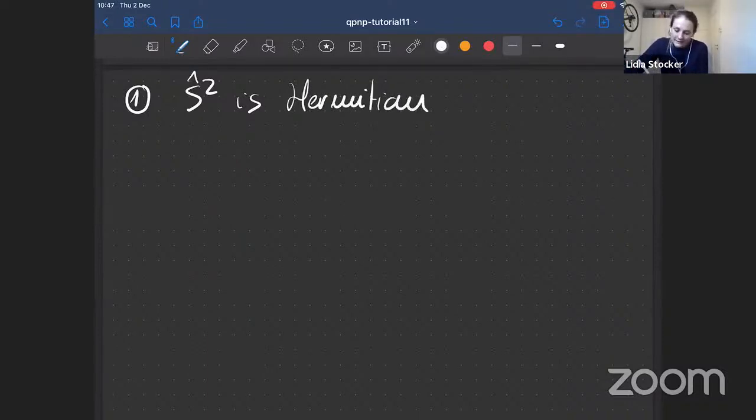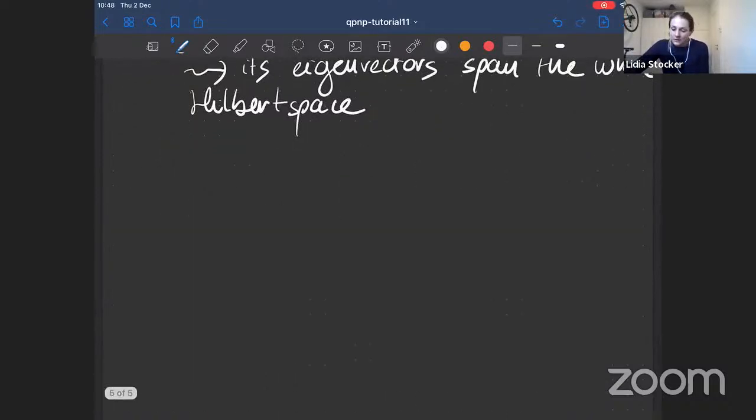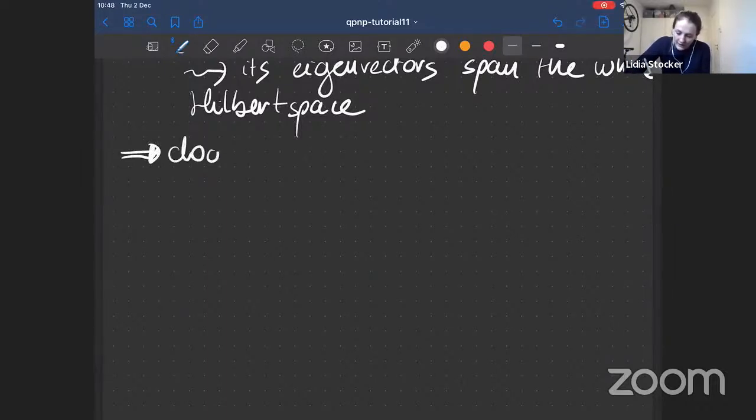This means that its eigenvectors span the whole Hilbert space. And this makes it particularly useful because then we have a basis with defined eigenvalues of the S2 operator, which gives us information about the spin configuration of a state. So the idea is that from here, we choose the eigenbasis.